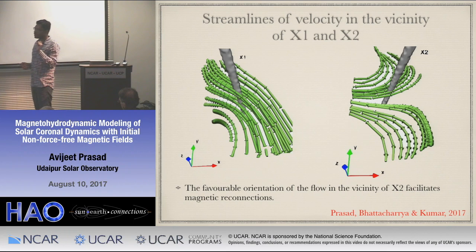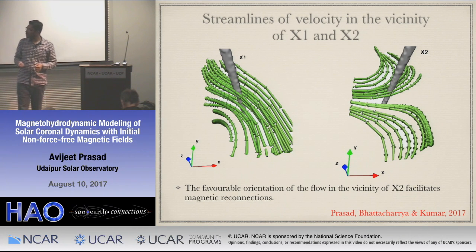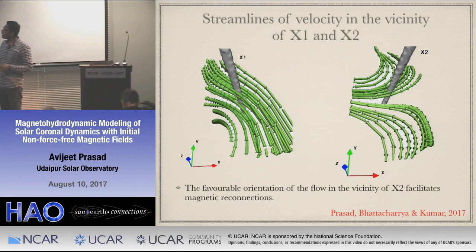Now we did notice that all the reconnections are taking place at one of the X-type null lines and not the other. To answer why all the reconnections are taking place at x2 and not x1, we draw the streamlines of velocity in the vicinity of these two X-type null lines. We see that at one of the X-type null lines, all the field lines are almost parallel to each other, so this configuration is not very conducive to magnetic reconnection.